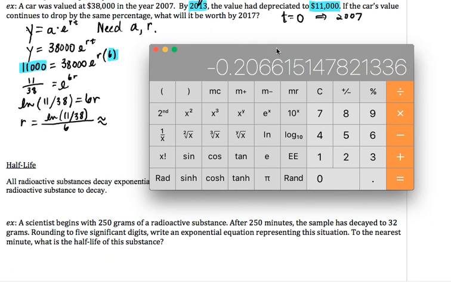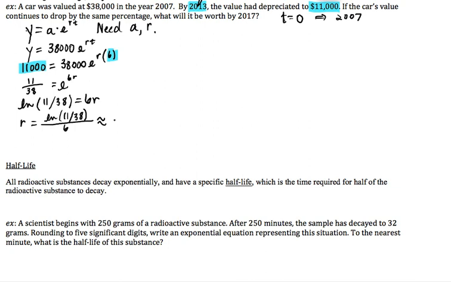So I would carry this out as many decimals as your calculator has. That's a bit excessive, but I'm going to go with negative 0.206615 for r, which is negative, which worked out naturally, so that means it's a decay problem.